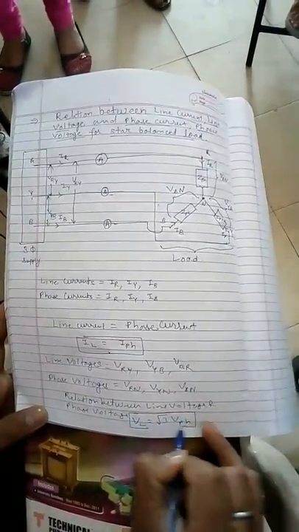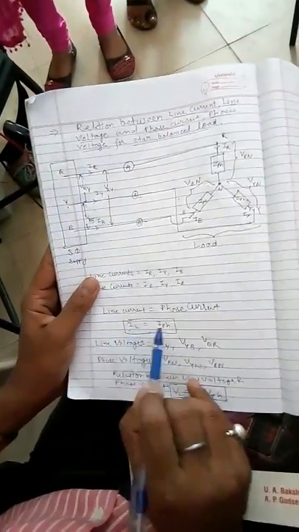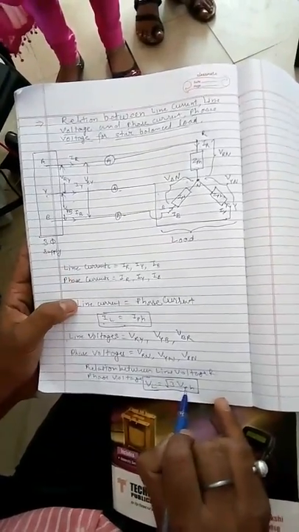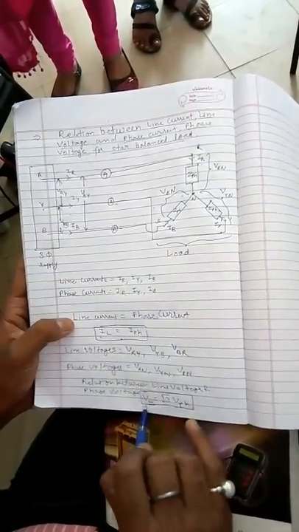Here we are not taking the derivation, we are directly writing the formula. So when we perform the practical, we will check that the line current is equal to the phase current, and we will check that the phase voltage multiplied by root 3 is equal to the line voltage. Clear? So now see this experiment.